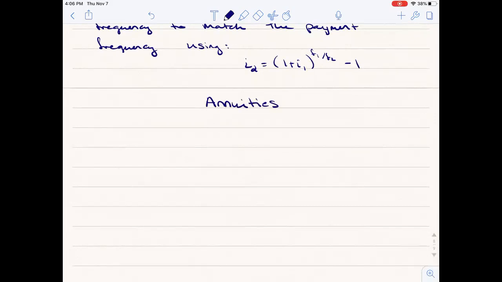And so if we talk about annuities, what I'm going to do is make a column of options on the left-hand side and then a column of options on the right-hand side, because they can be kind of mixed and matched. Okay?